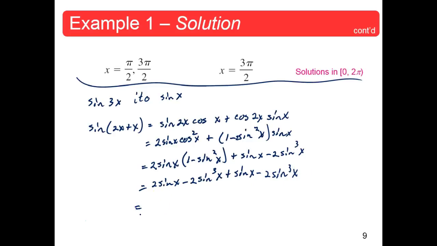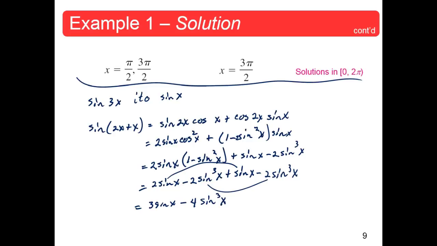All right, let's combine like terms. What do we have? 3 sine x minus 4 sine cubed x. My goodness, there we've done it, okay?